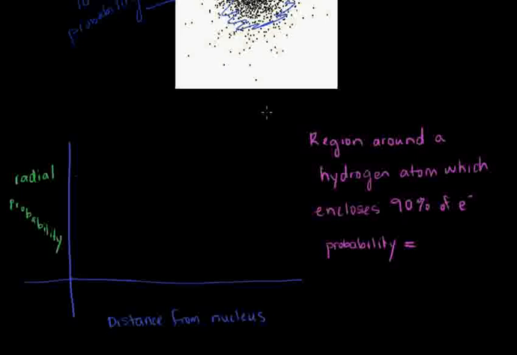And if we graph the probability density distribution for hydrogen, for the one electron in hydrogen, it's going to look something like this. It's going to be low, it's going to go up like this, it's going to crest, and then it's going to come down and get pretty close to the x-axis. If we take the area underneath this graph, this is going to indicate the probability of finding an electron within that distance to the nucleus.